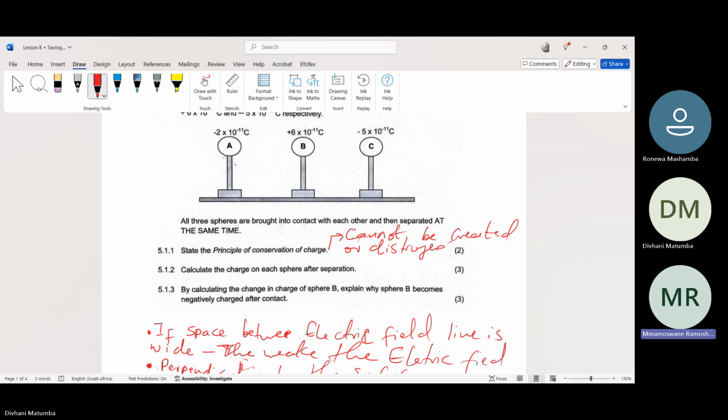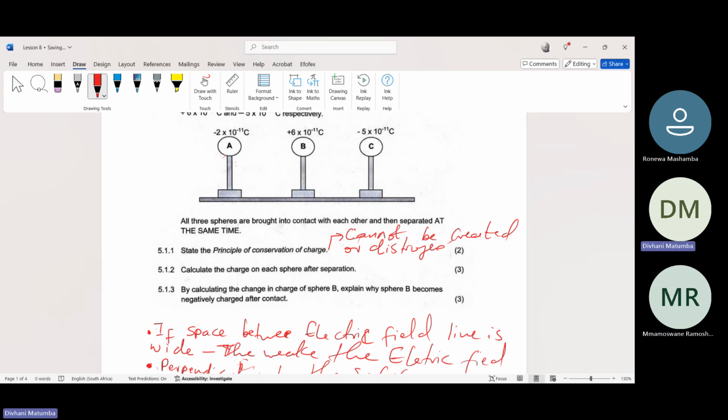Yes. Okay. Thank you. So why do you think the stands should be insulated, Mam Swan? So I think so that it does not get attracted to the charges.